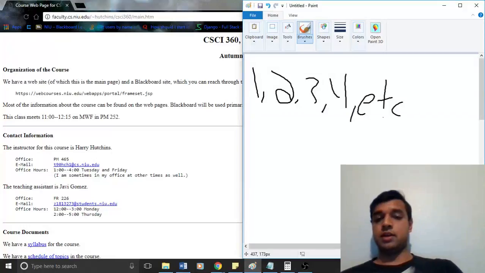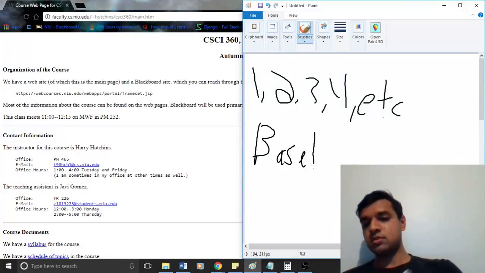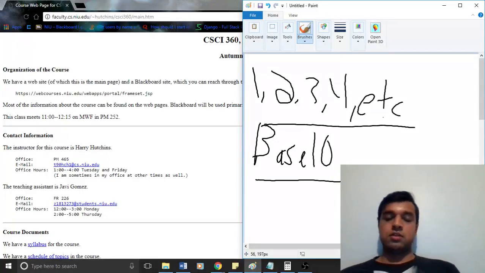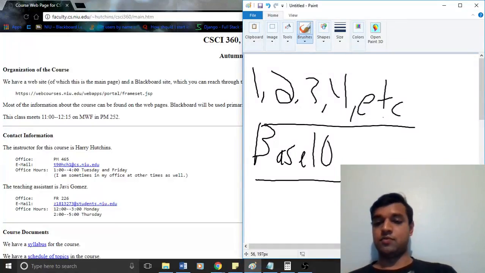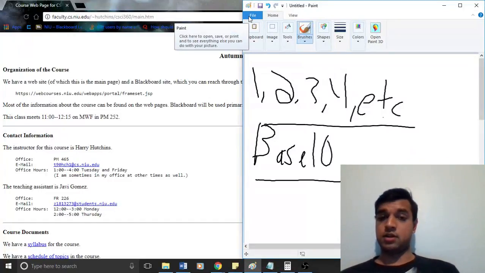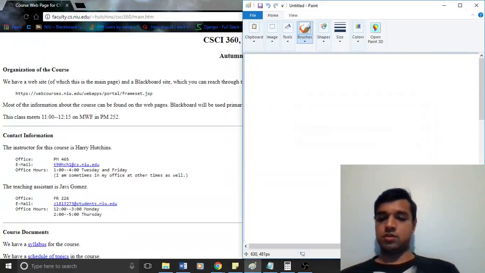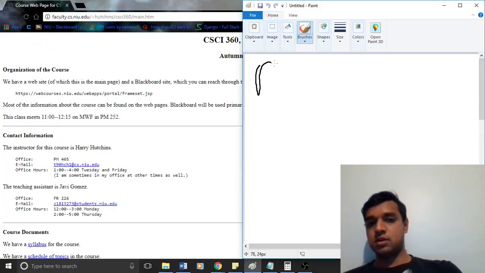It is a base 10 number system. This is very important because knowing the decimal number system, we could really convert it to other number systems such as binary and hexadecimal.